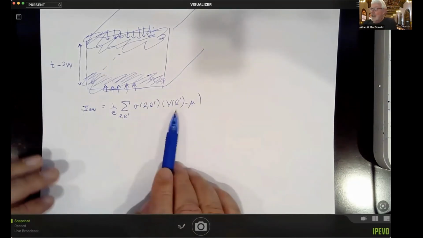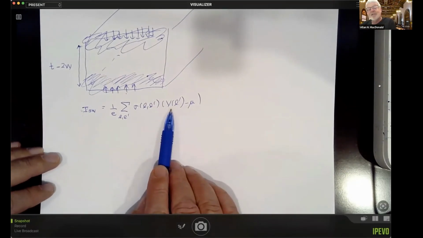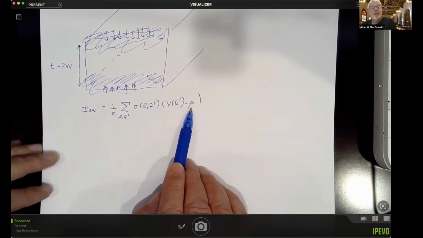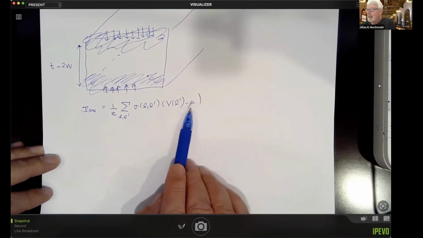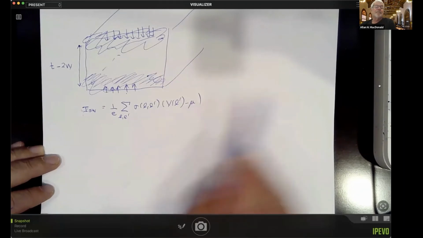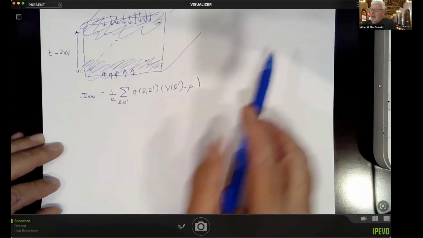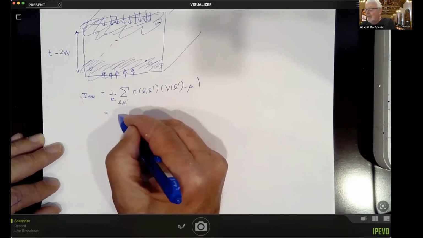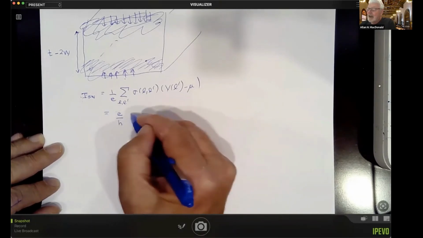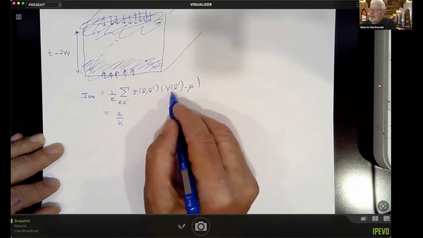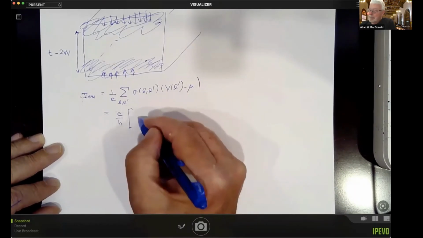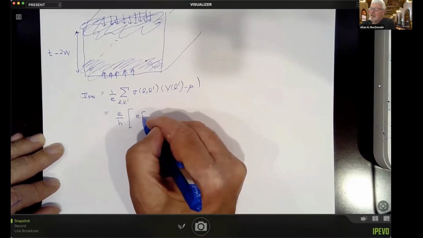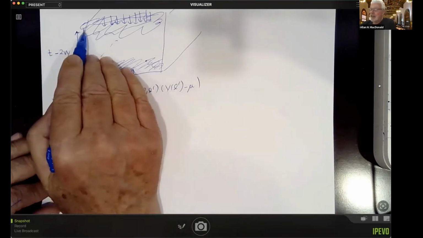Here we're interested in the response to electric potential; this is an equilibrium thing. The whole thin film can be in equilibrium at some chemical potential. So this will end up being e over h times the difference between the electric potentials at the top surface and the bottom surface.